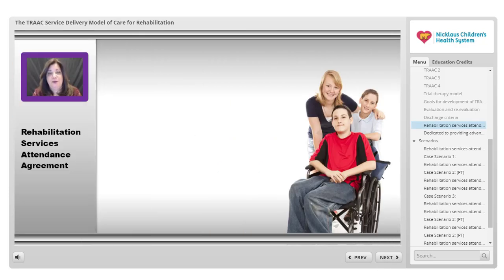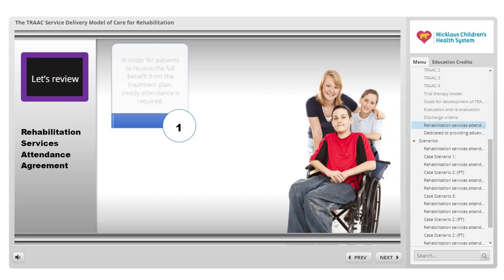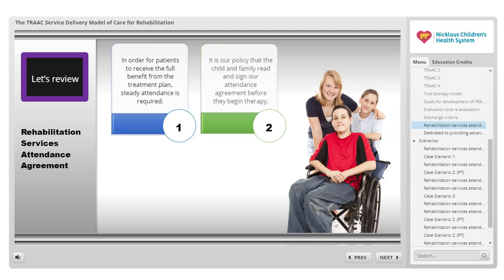Let's talk about the importance of attendance to therapy. In order for patients to receive the full benefit from the treatment plan, steady attendance is required. It is our policy that the child and family read and sign our attendance agreement before they begin therapy.